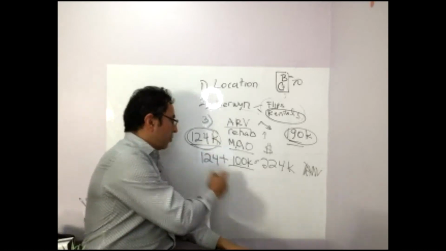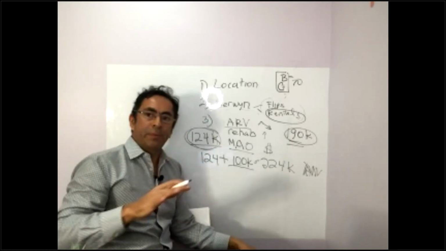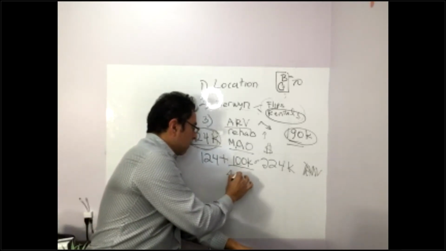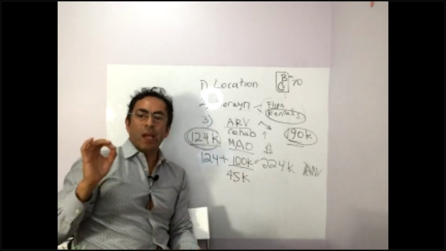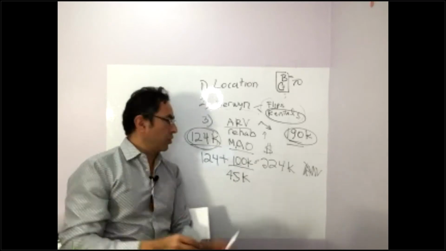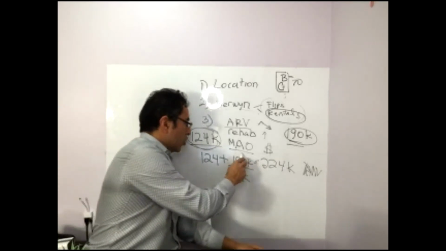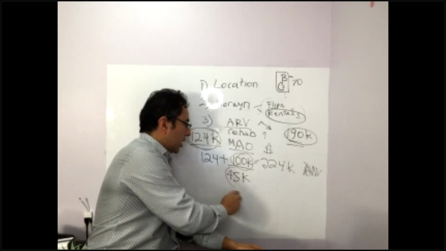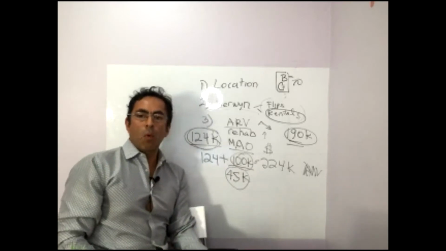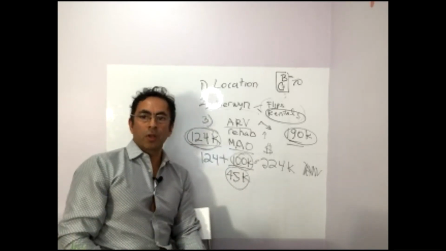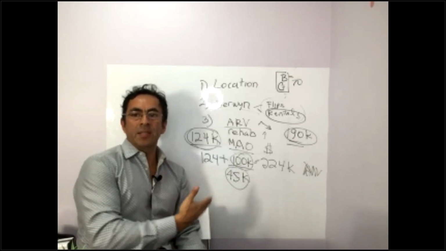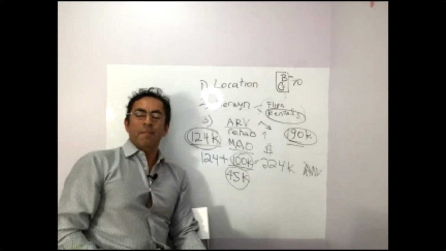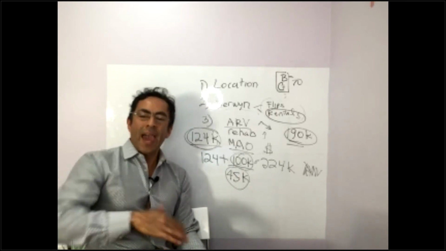And the rehab should be kept below $45,000. That's the golden secret. Those two things you need to write down. So add 100,000 and your rehab shouldn't exceed more than $45,000. This is $1 million advice, $1 million secret that is going to save you headaches.